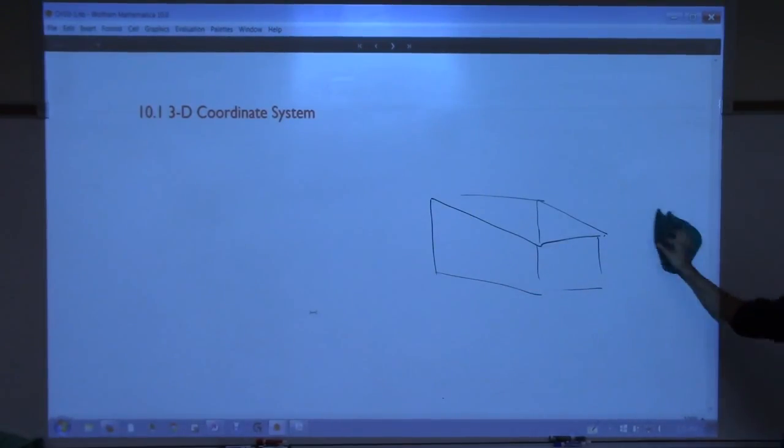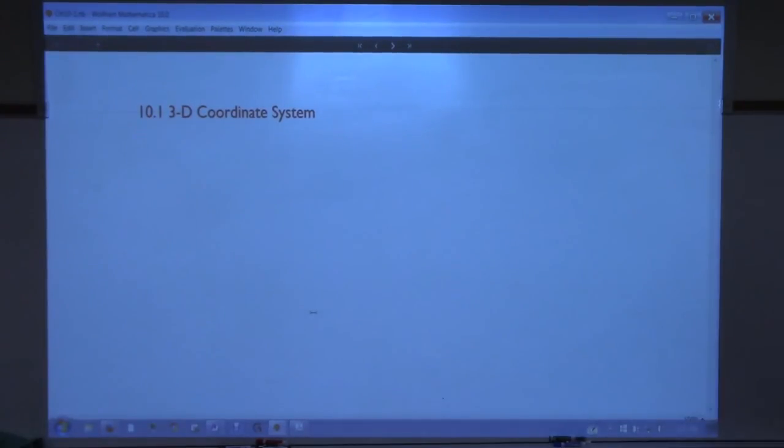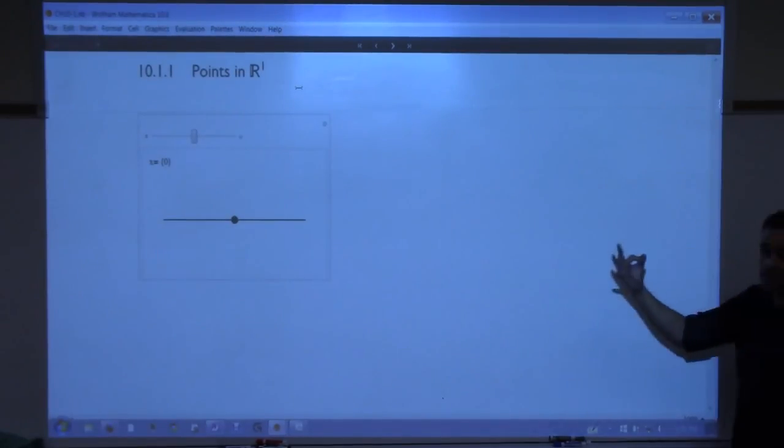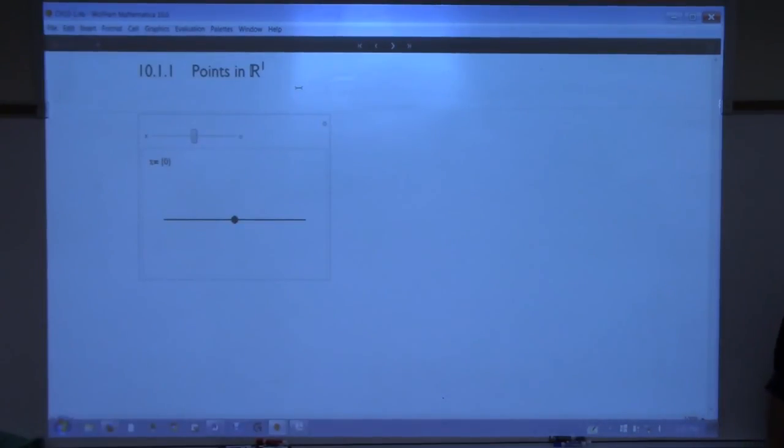So you ready to start messing with 3D? Yeah? All right, let's do it. So we have a 3D coordinate system. And I know this is going to seem kind of elementary, but in order to understand R3, 3-dimensional space, we have to be comfortable with 1-dimensional space and 2-dimensional space.